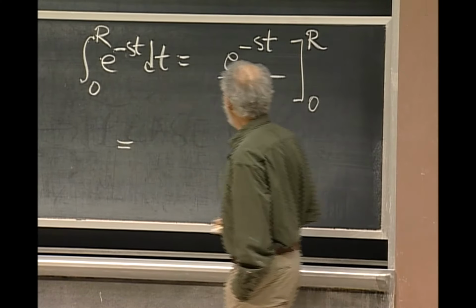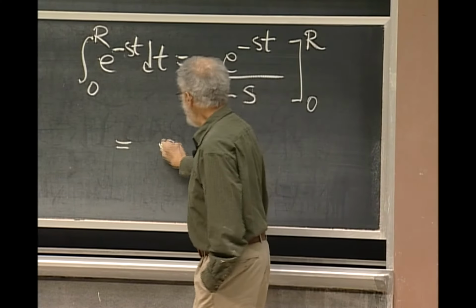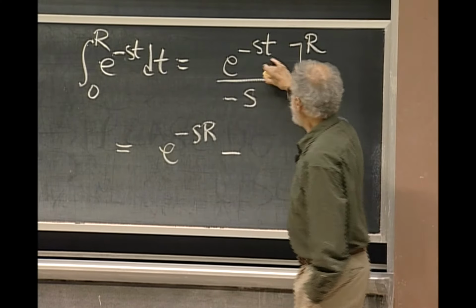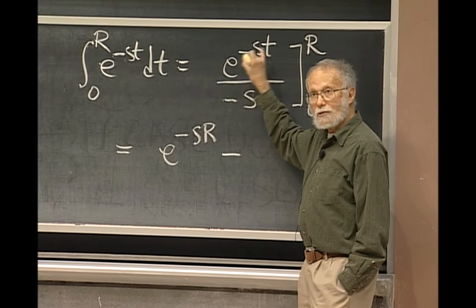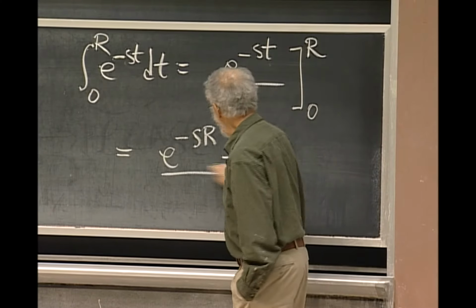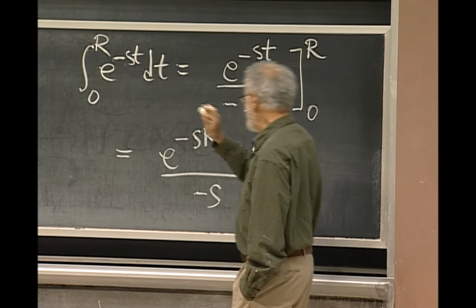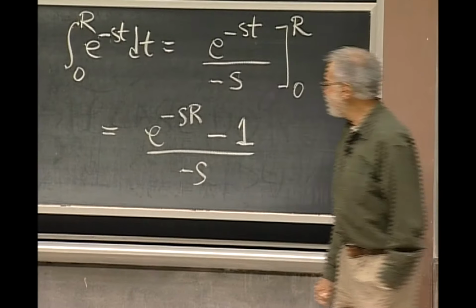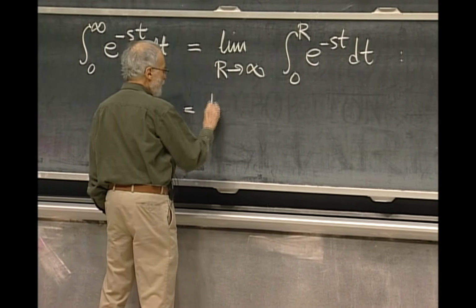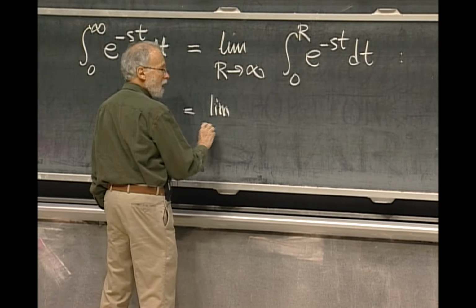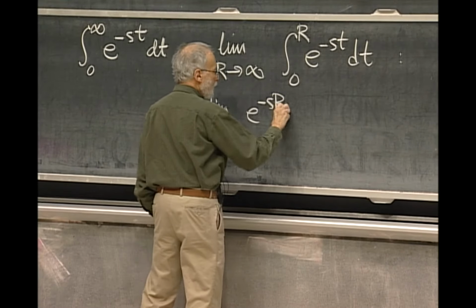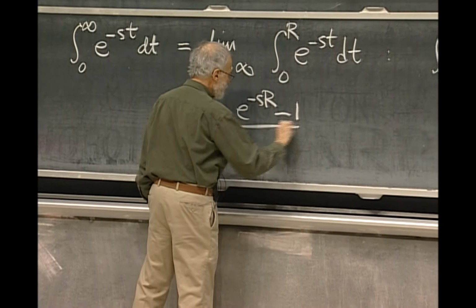And now I'll want to evaluate that between 0 and r. And what do I get? Well, at the upper limit, it's e to the minus s times r, minus, at the lower limit, t is equal to 0. So whatever s is, it's 1. And that's divided by this constant out front, negative s. So the answer is equal to the limit, as r goes to infinity, of e to the negative sr minus 1 divided by minus s.